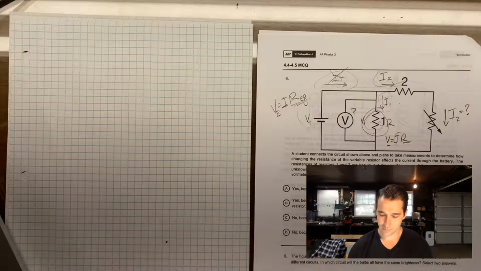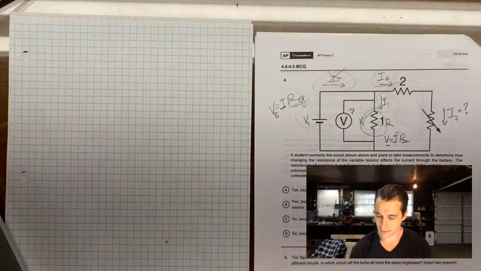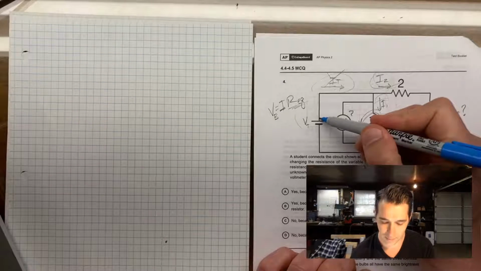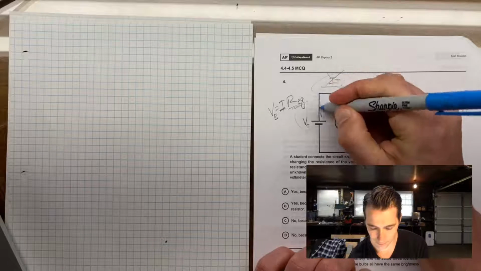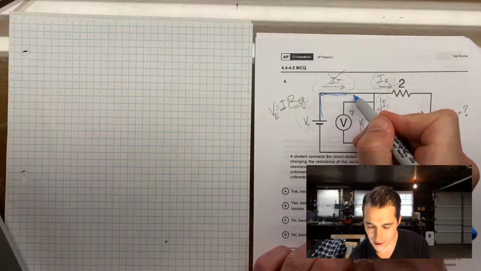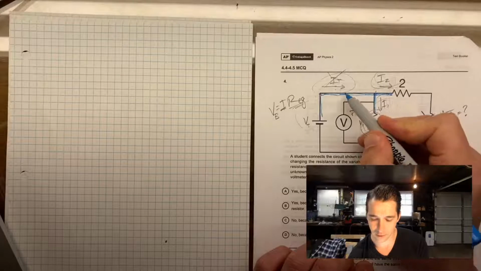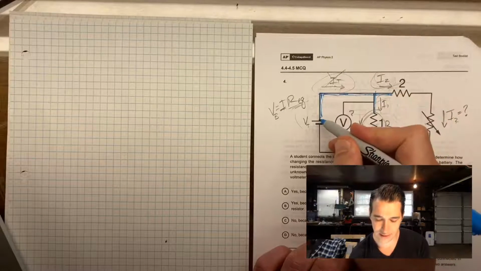If we know the voltage from this battery, I'm going to say 9 volts. I like to go with 9 volts, 9-volt batteries, but it could be any voltage. This side of our battery is positive, and everywhere along this circuit has that potential until you get to a resistor. So everywhere along here has the same potential as this side of our battery.